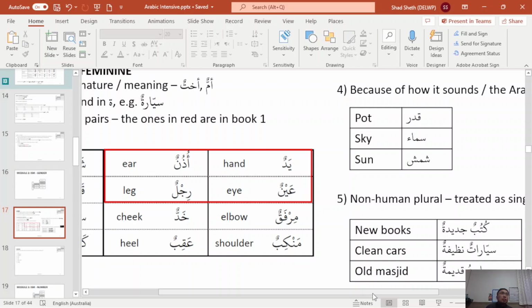What are the 3 words? Pot, sky, and sun. Kidrun, sama, and also shamsun. They are feminine. You treat it as feminine. There's nothing showing that it's feminine, just because the Arabs said so.